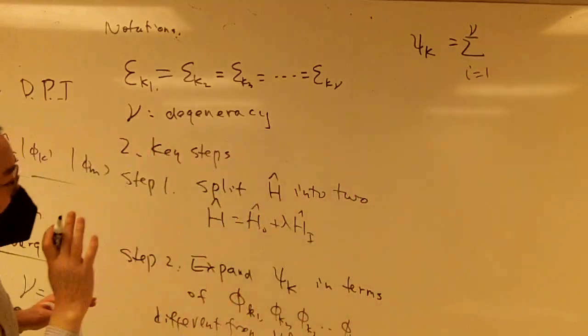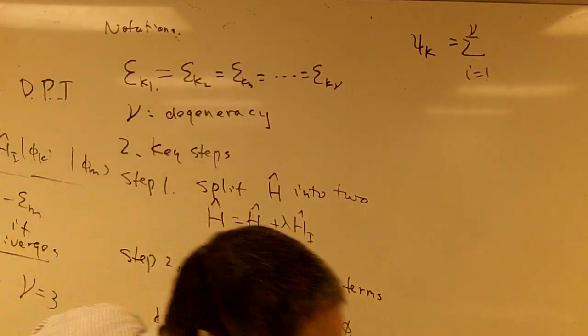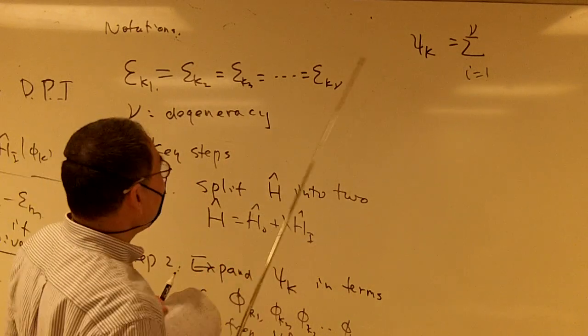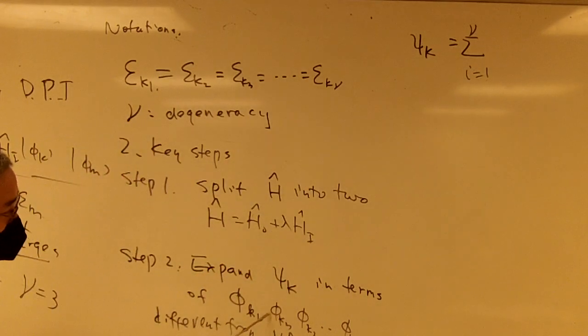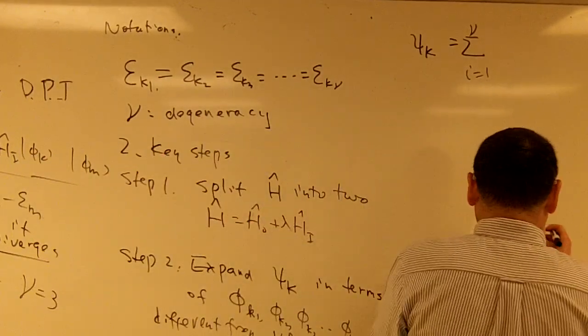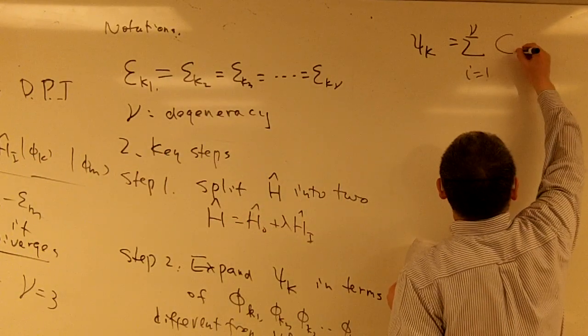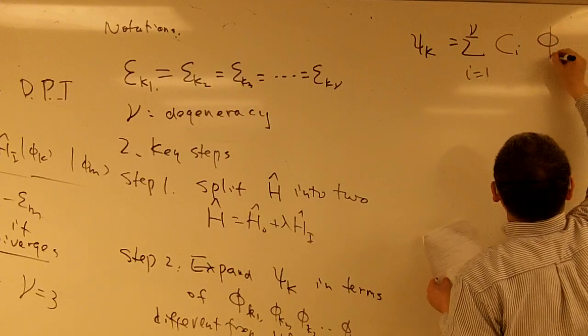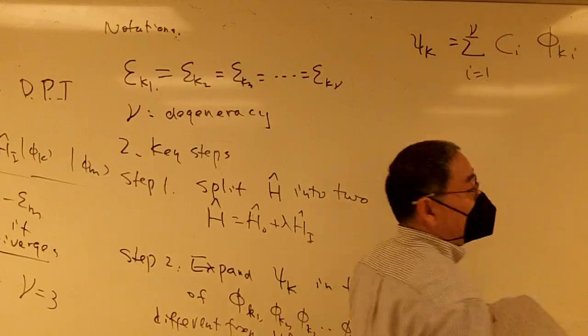In other words, when we expand this, I want you to pay close attention to what we are doing here. In non-degenerate perturbation theory, this m runs over all the states. But here, when you run it, it only runs through these states. It won't run over these three states. So first is the coefficient, second is phi k sub i.